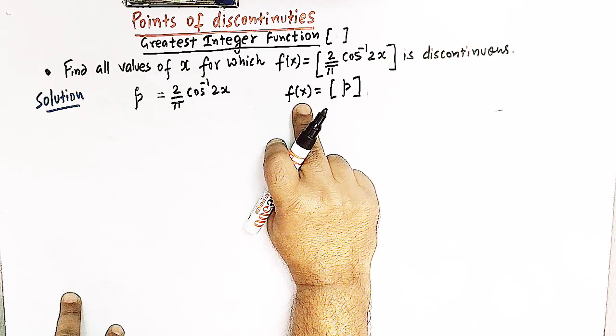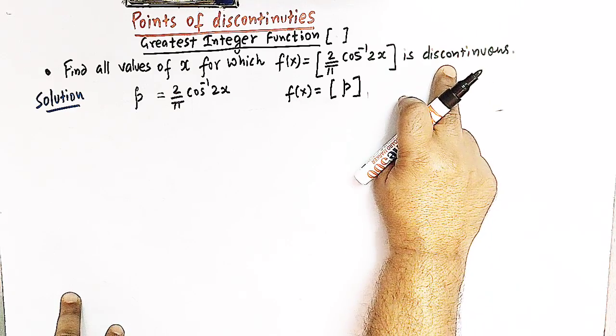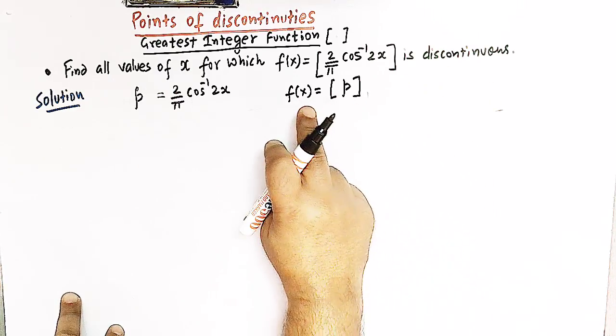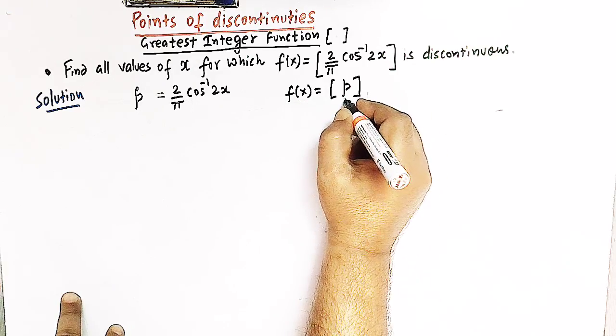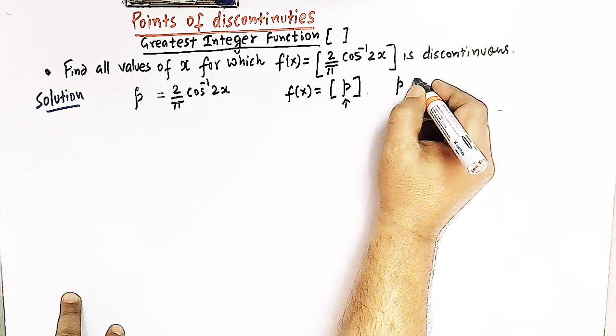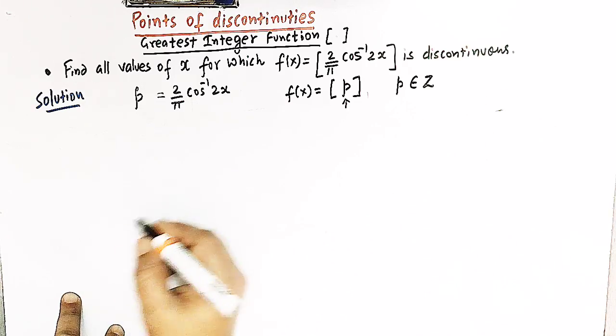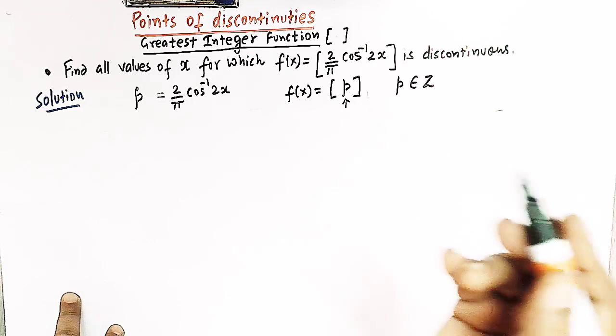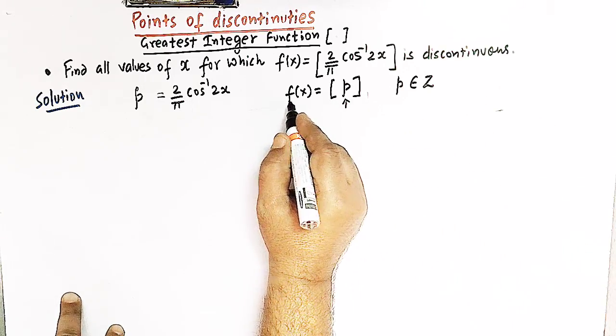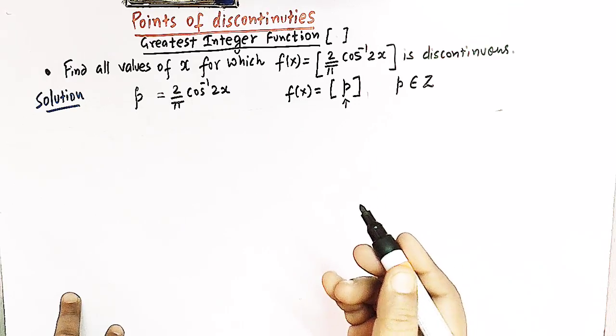Now this function is discontinuous for all values of x for which this p belongs to the set of integers, right? So whenever p is an integer, then f of x is discontinuous.